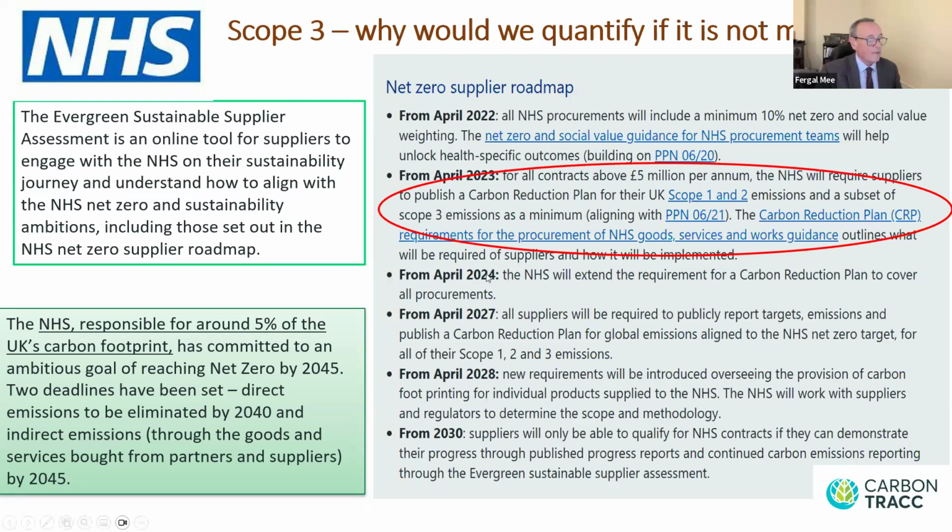This is very interesting, because for the NHS in the United Kingdom, all the medical devices, all the medicines, all the PPE, all the hospital gowns, all the bed linen, all the bandages, the manufacturing, production and distribution to the NHS of all of these are Scope 3 emissions for the NHS. So this PPN 0621 helps the NHS to get a more precise handle on its Scope 3 emissions, because its Scope 3 emissions are significant.